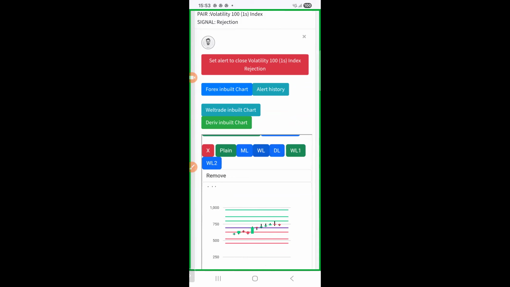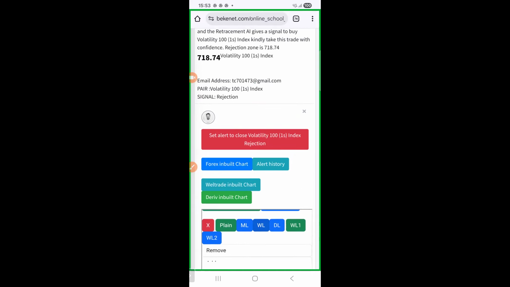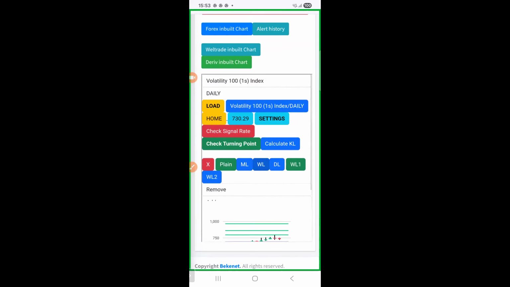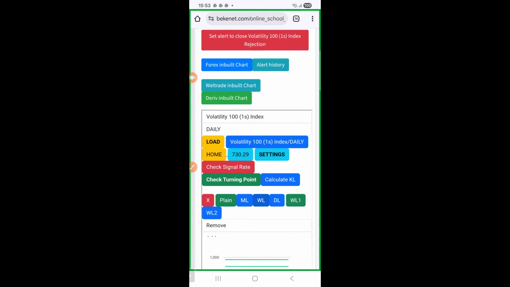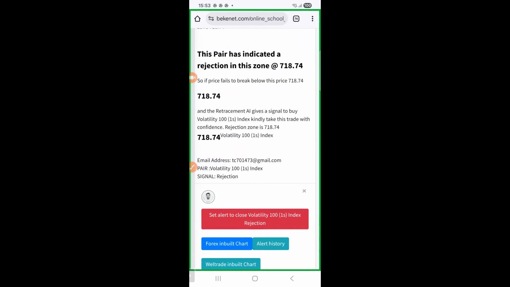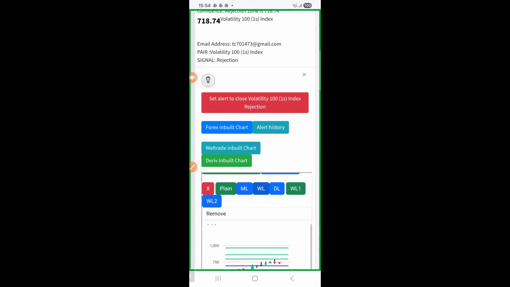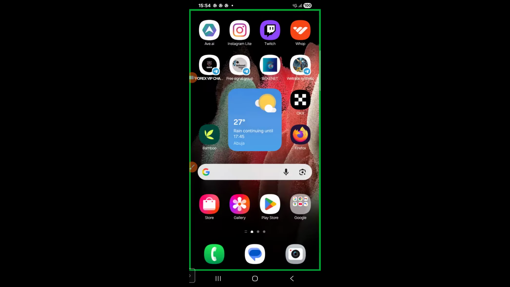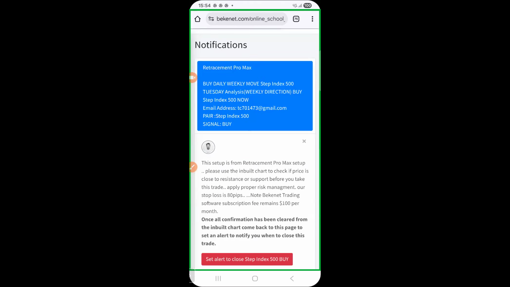So we should wait for it at, what price is it now? It's currently at 730. It's talking about still waiting for it at 718. So you want to wait for it at 718. Maybe that's the pivot point. Then you can buy from there. So there's a need for waiting time, for you not to make a blunder.